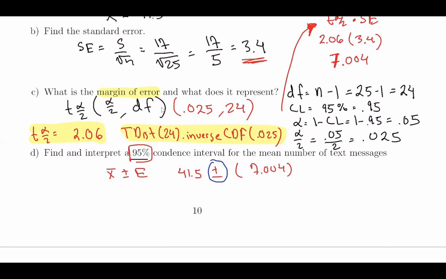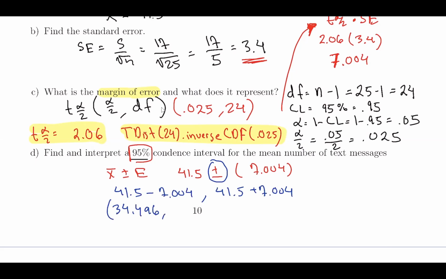All right, so let's go ahead and do this. We'll do 41.5 minus 7.004, and then 41.5 plus 7.004. So 41.5 minus 7.004, we get 34.496.